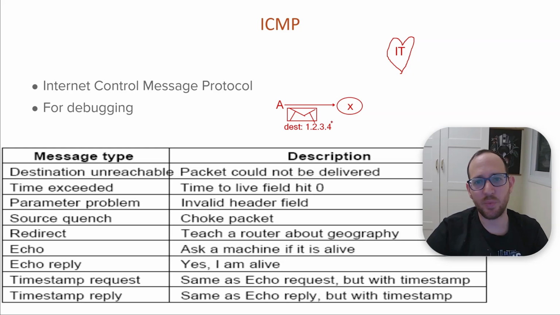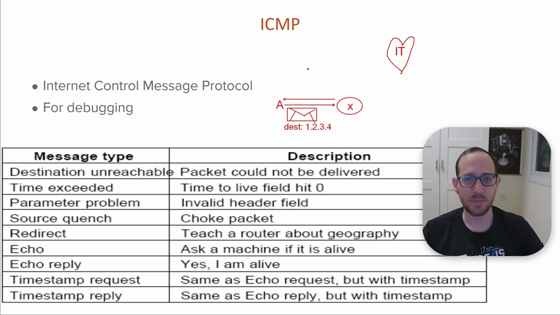Now, if the router doesn't know how to route to this address, that is, it doesn't have a routing table entry that matches this address, as we saw in the routing tables before, so it doesn't have a default gateway rule and no rule captures this address, it doesn't know how to route it. It's supposed to reply back saying destination unreachable, I can't route to this destination.